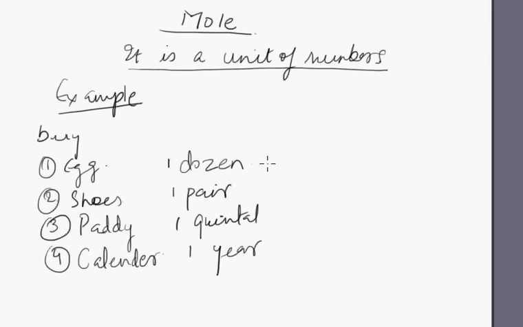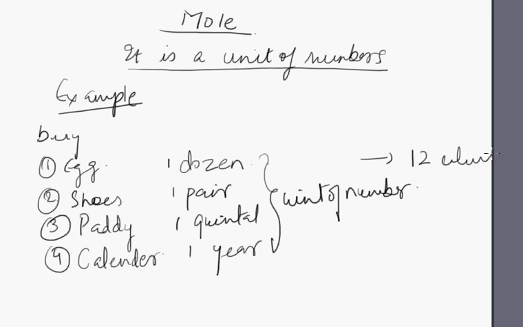Now, these are basically units of number. A dozen gives 12 items, that is 12 eggs. A pair gives 2 shoes. A quintal gives 100 kgs of paddy.